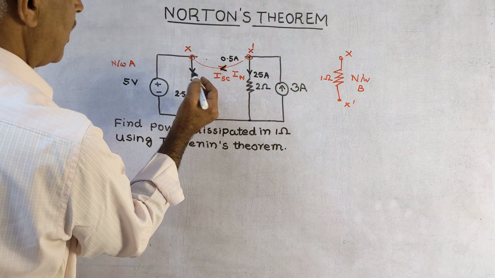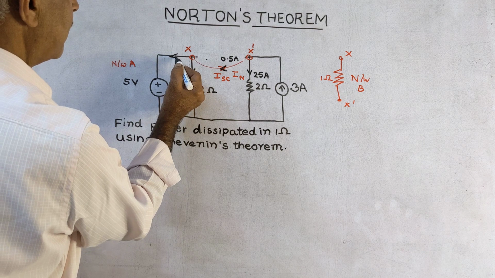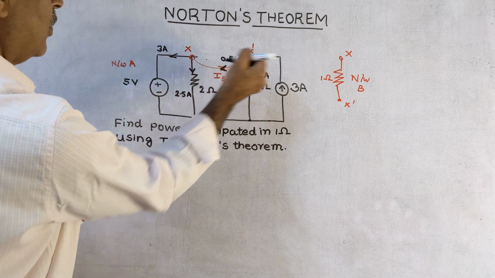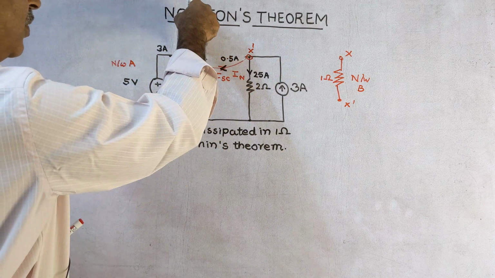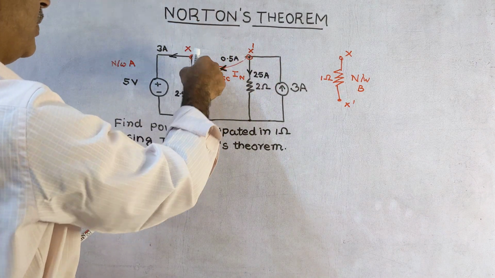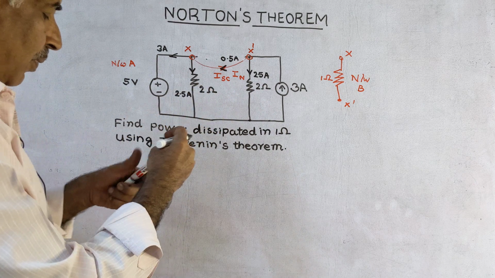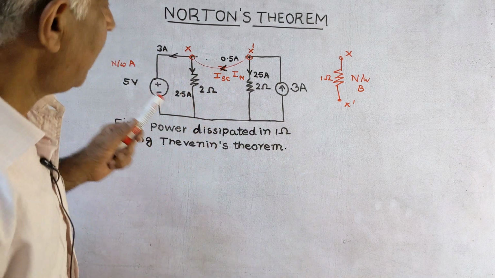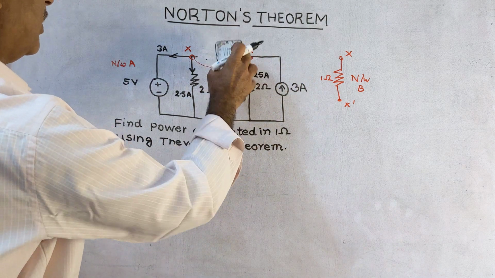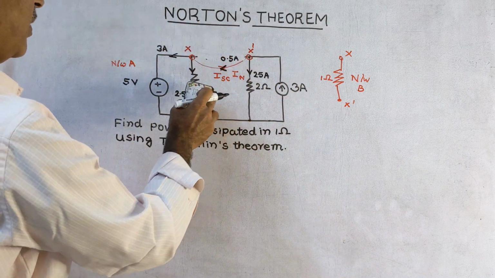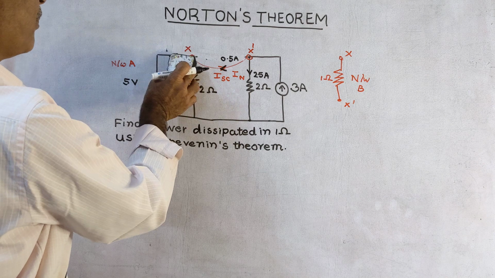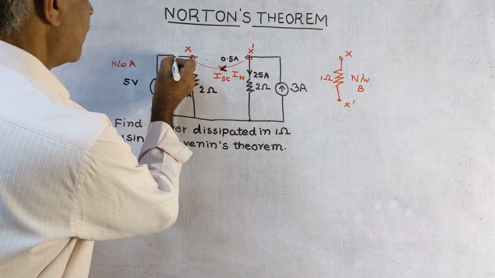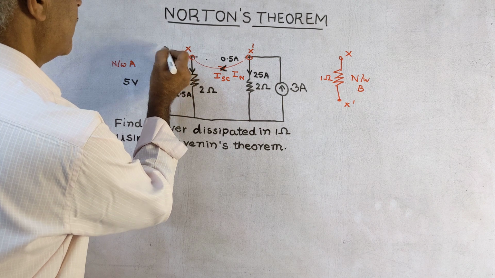Now 0.5 amperes here, 2.5 amperes. Therefore, what is the remaining current? 0.5 amperes is coming and 2.5 amperes is coming, means this current has to be 2 amperes.